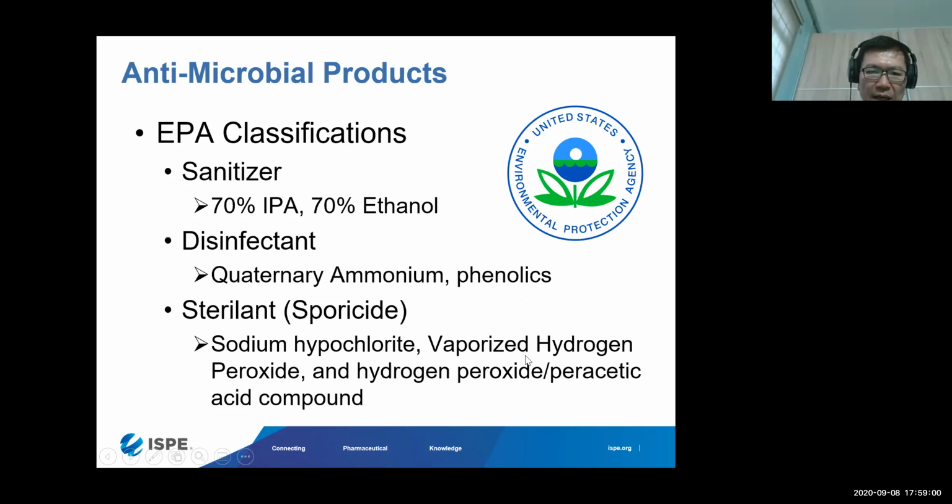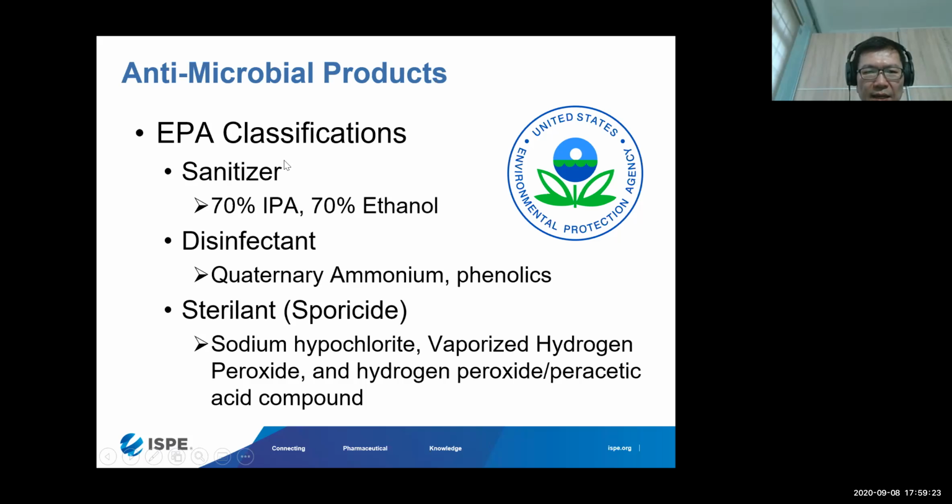phenolics. Or for a sporicide or sterilant, it can be a strong oxidizer like sodium hypochlorite, or vaporized hydrogen peroxide, or a hydrogen peroxide and peracetic acid blend. So these are basically some of the very strong oxidizing agents, which can kill bacteria and fungus spores as well.